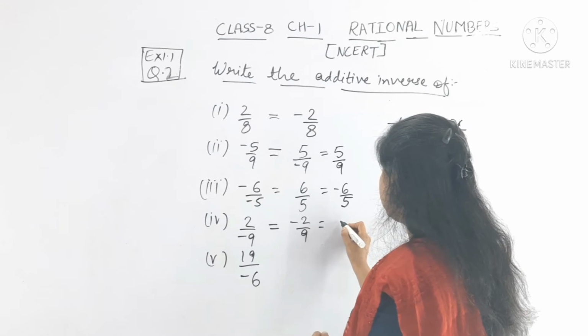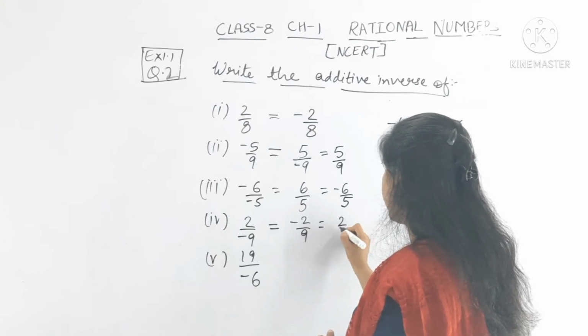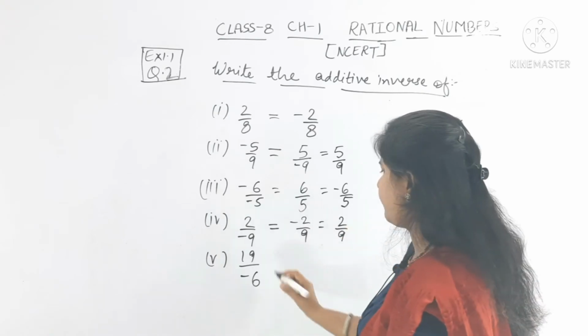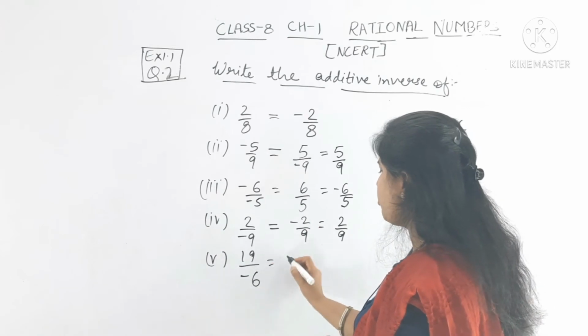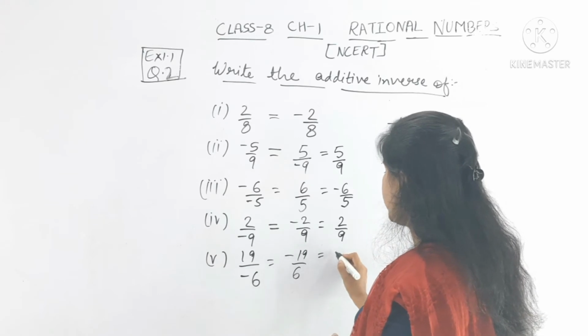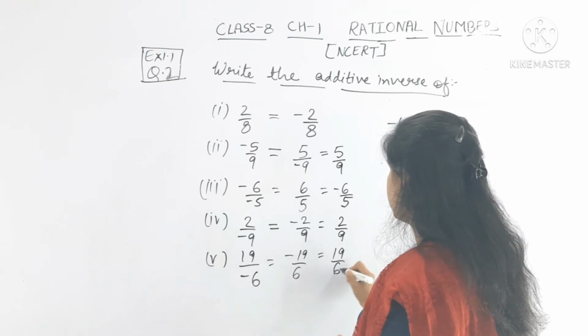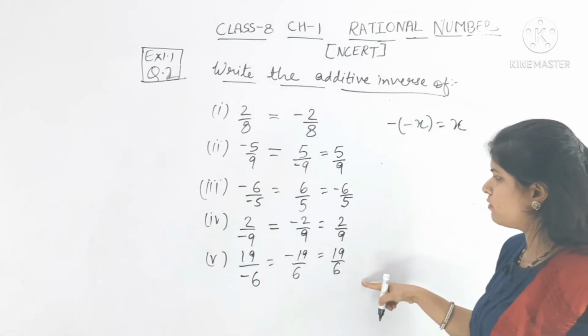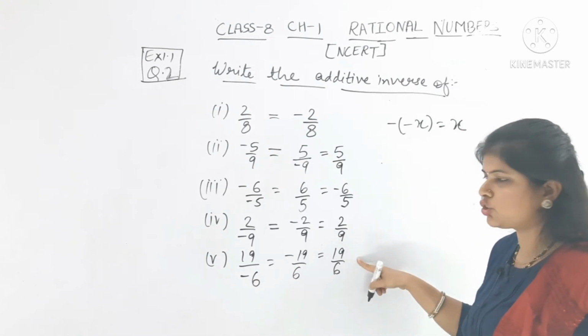So here I am getting 2 by 9. Here 19 upon 6, so here I am getting minus 19 upon 6. Okay.